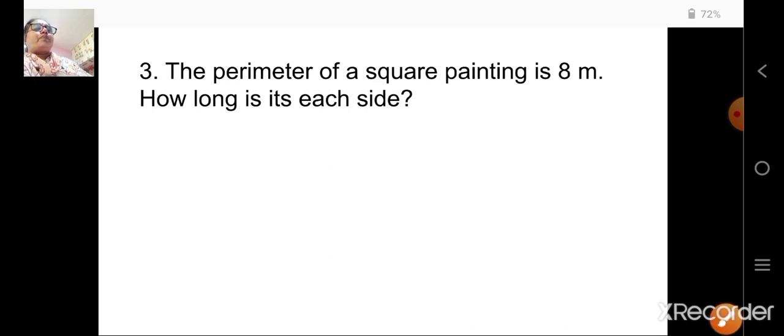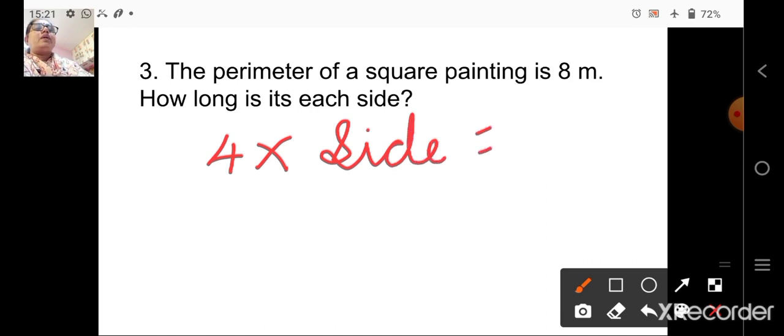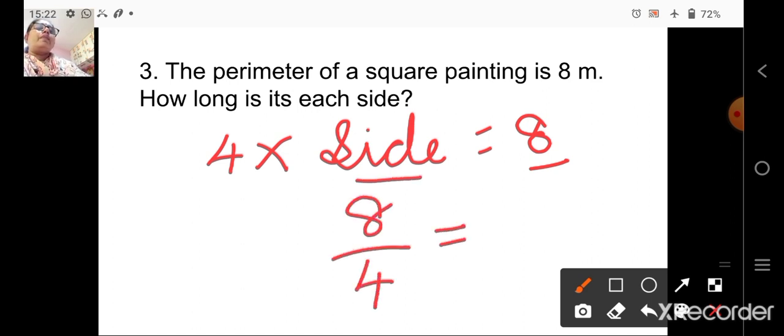So we divide the perimeter to find the side. Perimeter is 4 into side, which is equal to 8. Dividing 8 by 4, we get 2 meter. So the length of each side is 2 meter.